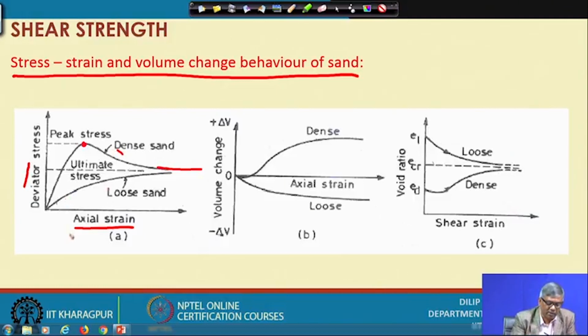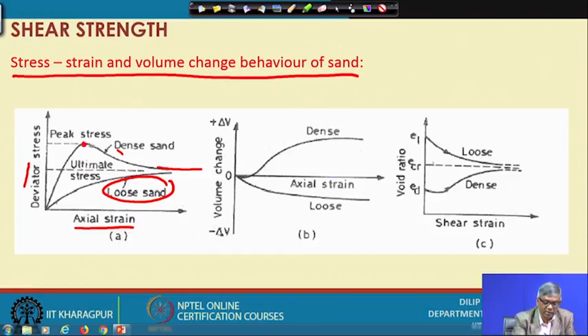If you test a loose sand under similar conditions, applying the same confining pressure and straining it, the deviator stress increases quite slowly with axial strain and flattens, and finally at a large value of strain it meets the ultimate stress of the dense sand.